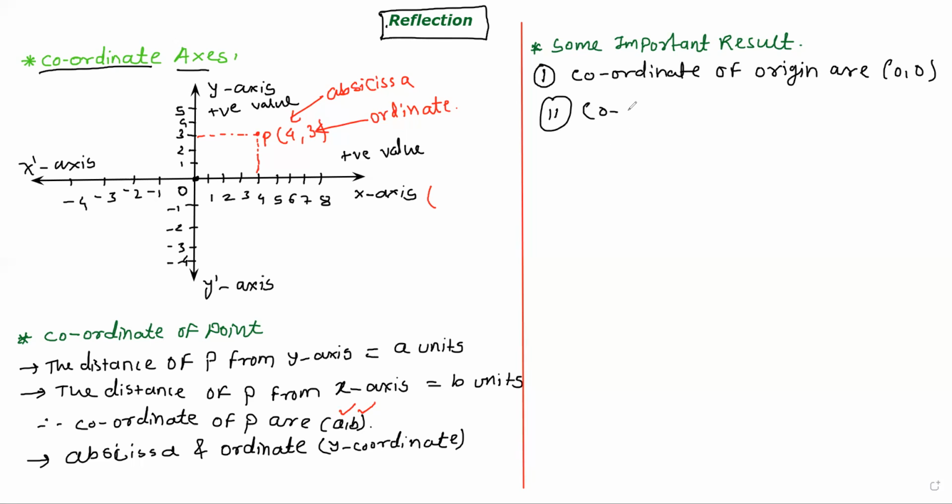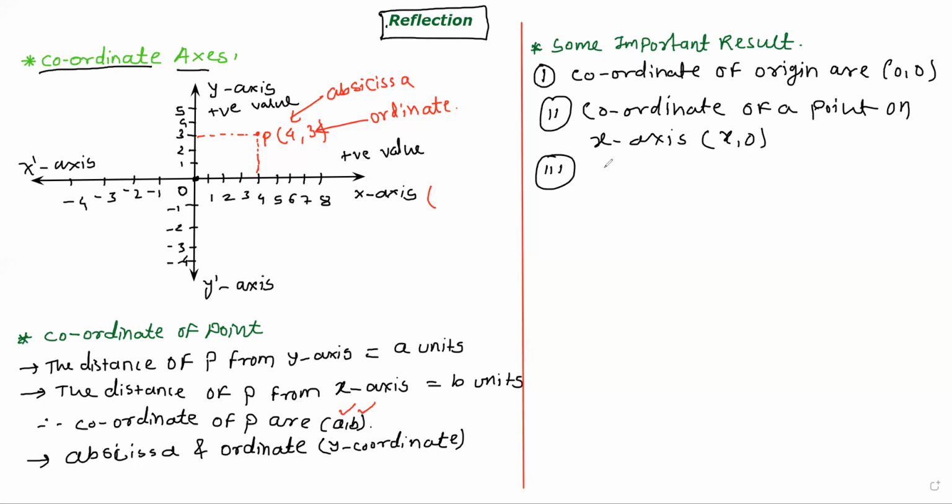Second, the coordinates of a point on the x-axis are x comma 0.